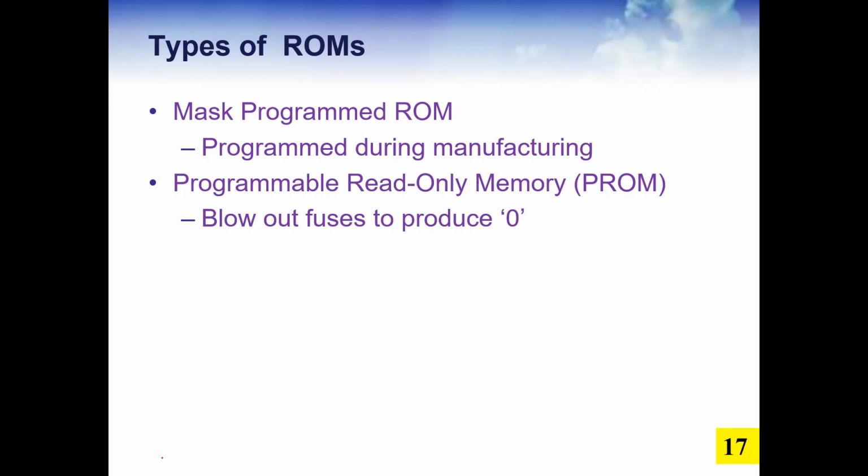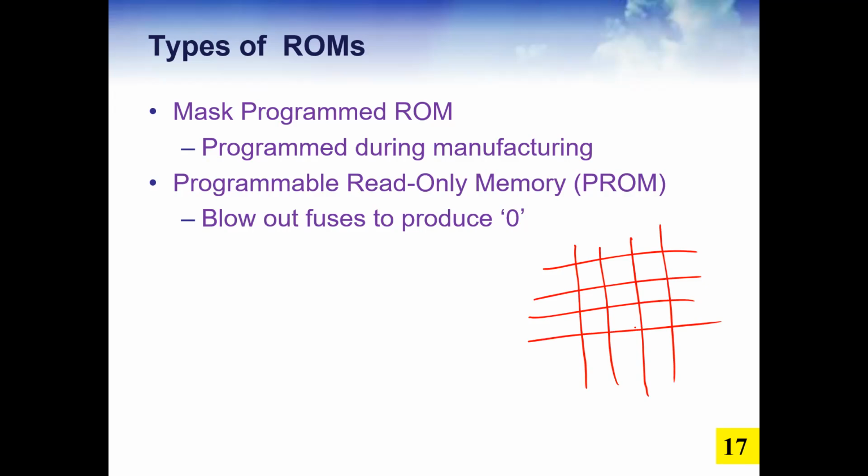We have all the locations by default, each location stored as 1111 like that. 1 means everywhere they are crossed. Cross means there are fuse connections everywhere. For example, we have this 4-bit data. So this is the stored information, and by default everywhere it is going to be a cross.